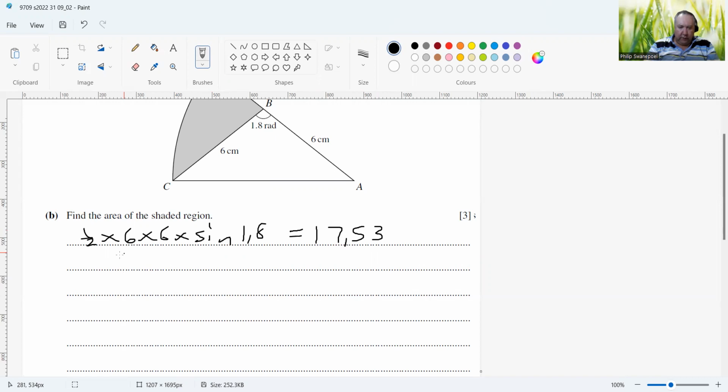And we're going to do the area of our sector ACD.